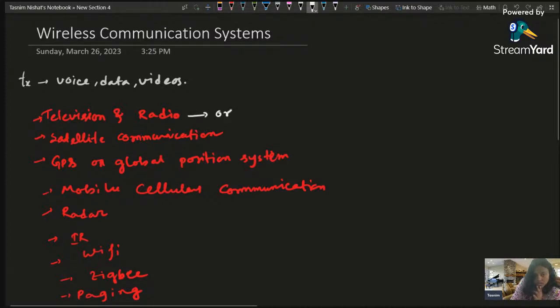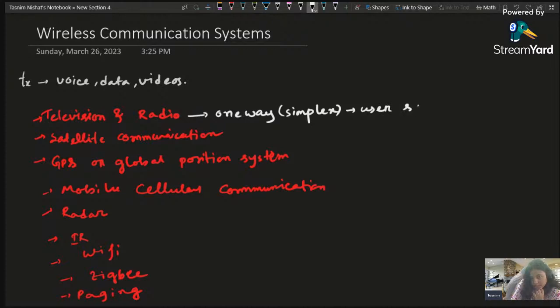So this is one-way communication, which is simplex, and so every user has the same data.